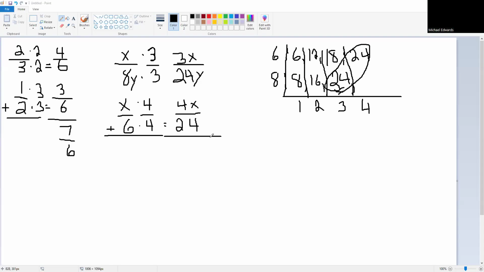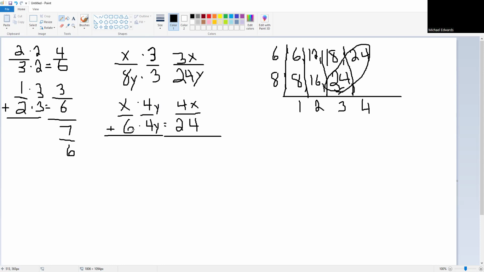So, if you can't tell already, 24y is not the same as just 24. With rational problems, it's not just the number that you're worried about, it's the variable too. We should have multiplied by 4y.